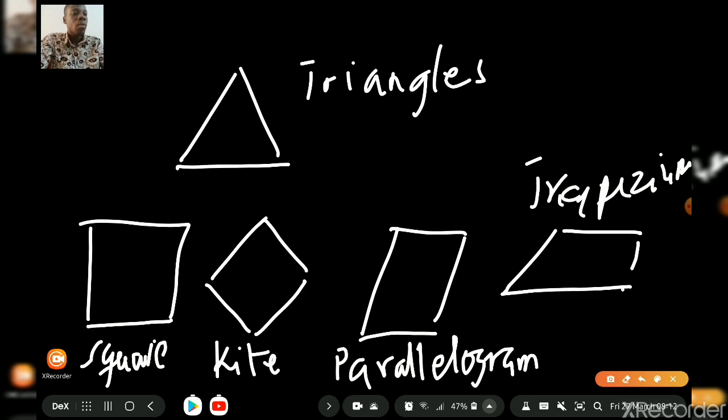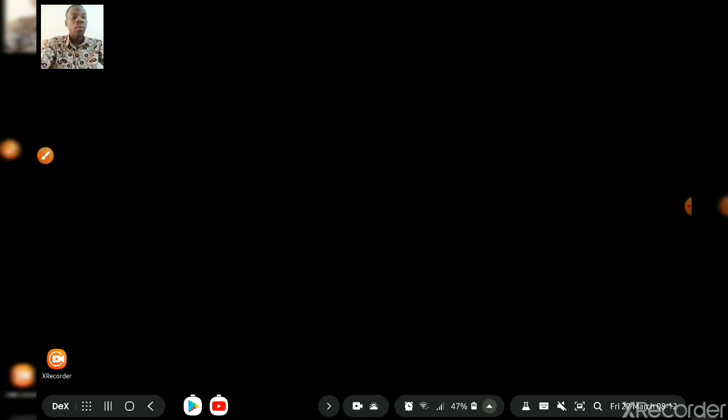These are 4-sided plane figures, and they are also types of polygons. In general, all these 4-sided plane figures we call quadrilaterals, or 4-sided figures, and triangles are for 3-sided plane figures. Then we move on to what you already know from JHS, which is a 5-sided figure.